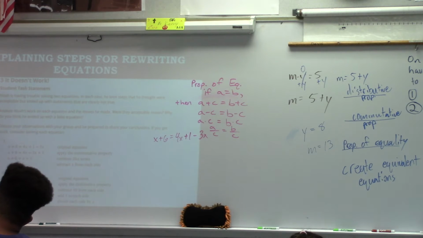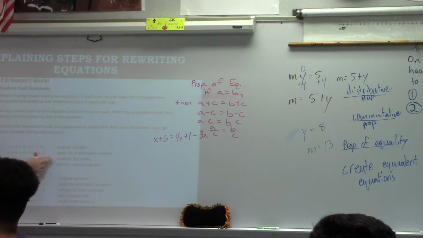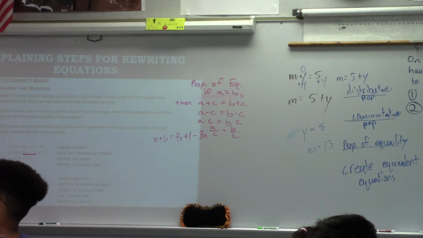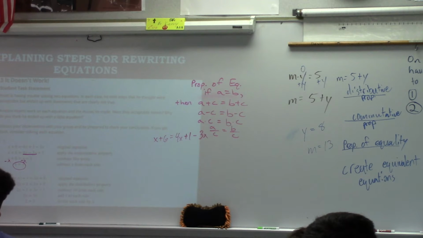Alright, so it says that he applied the commutative property, he combined like terms, because what is 4x minus 3x? 1x. So x plus 6 equals x plus 1. And then it says he subtracted x from each side. Is that valid? Yes. Does 6 equal 1? No. That statement is false.